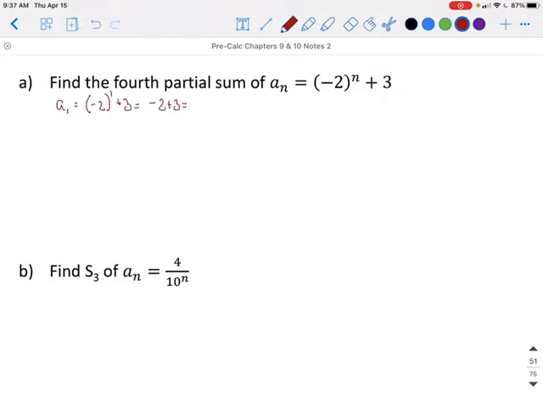So this will be negative 2 plus 3, which gives me 1. Next, we'll do negative 2 squared plus 3, which will give me negative 2 squared is a positive 4, plus 3 gives me 7. And you would do this for all of the terms. So this will give us a negative 8 plus 3, which will give us a negative 5.